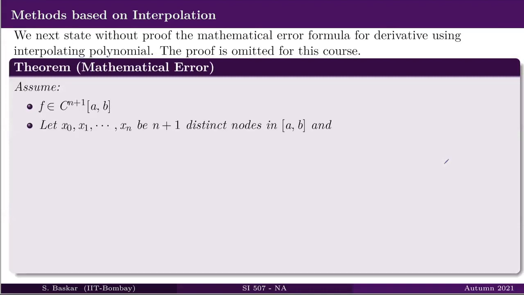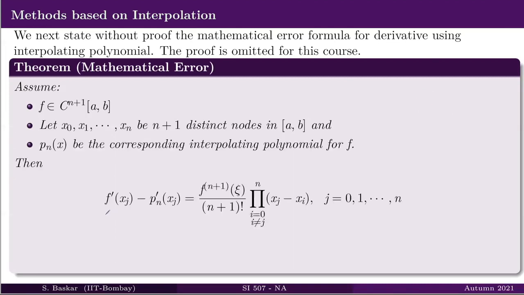Let us state this idea in the form of a theorem. Assume that f is a C^(n+1) function defined on the interval [a, b], and we are given n plus 1 nodes in the interval [a, b]. With that, we can approximate f by Pn of x, and thereby approximate the derivative of f by simply differentiating that polynomial, right?